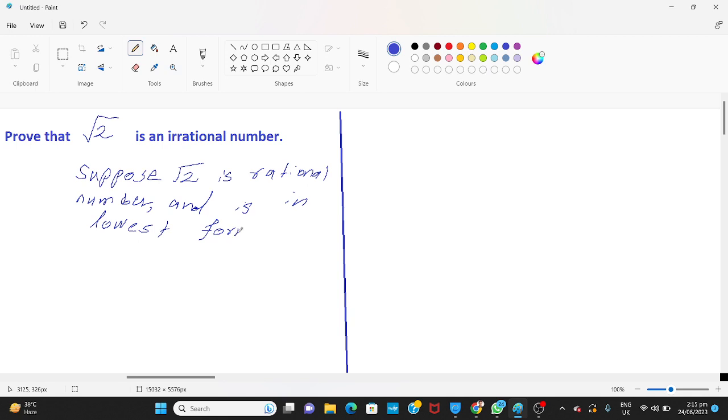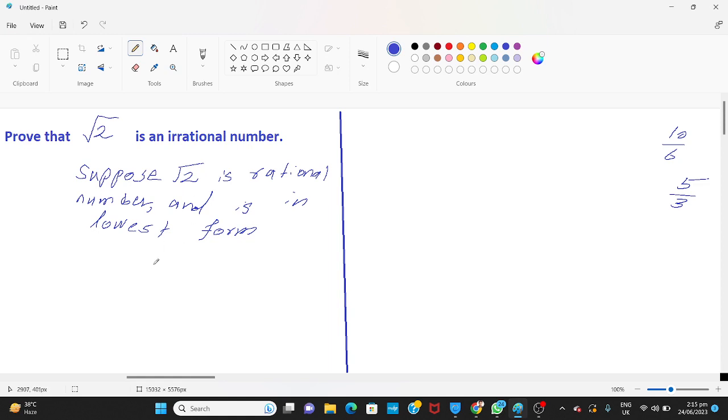The meaning of lowest form is that, for example, if I write 10 over 6, then 10 over 6 is not in lowest form. I can further reduce it to 5 over 3 by dividing both numbers by 2. So now 5 over 3 is in reduced form, but 10 over 6 is not in reduced form.